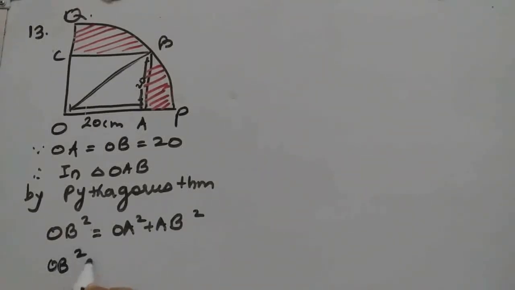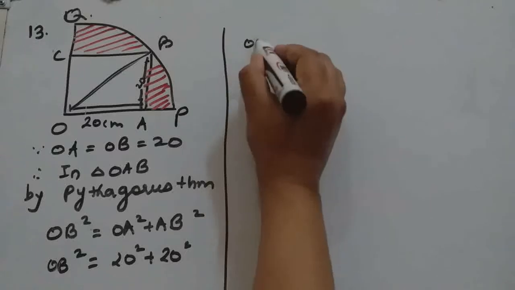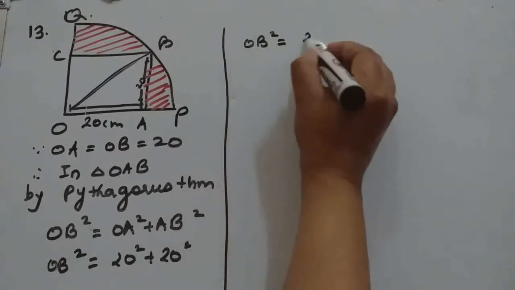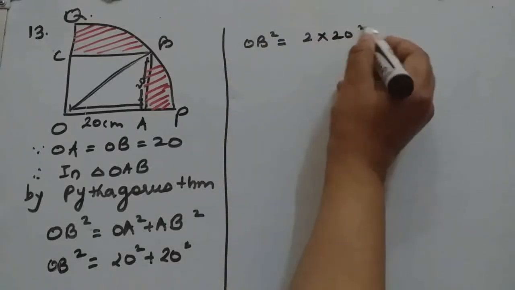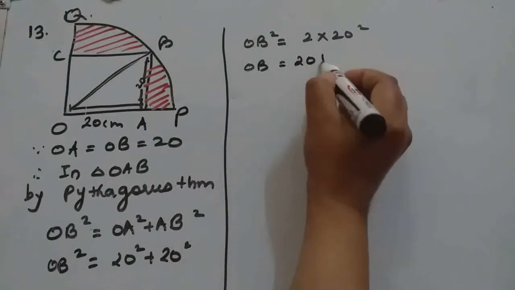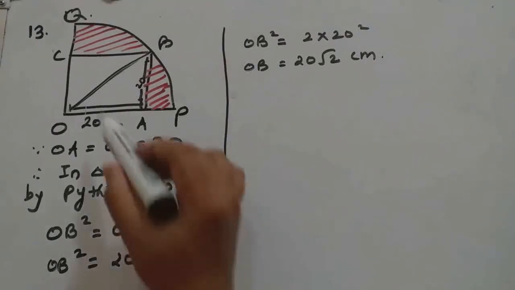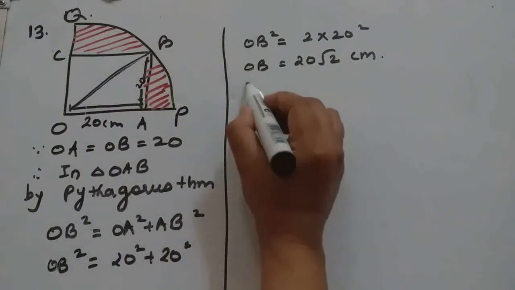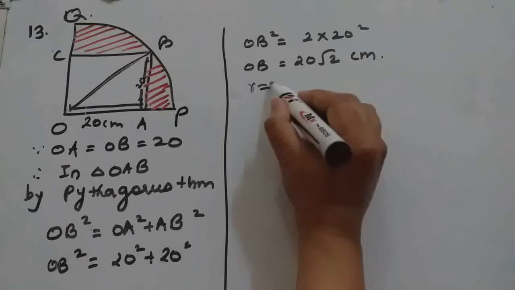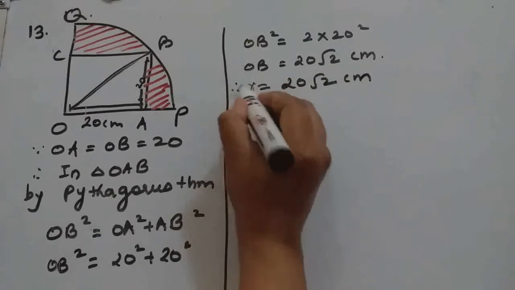So OB square will be 20 square plus 20 square, which is 2 into 20 square. So OB we can write as 20 root 2 centimeter. But OB is also the radius of the quadrant. So R we can denote as 20 root 2 centimeter.